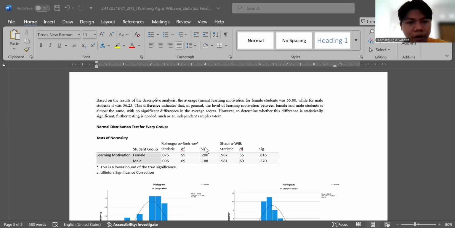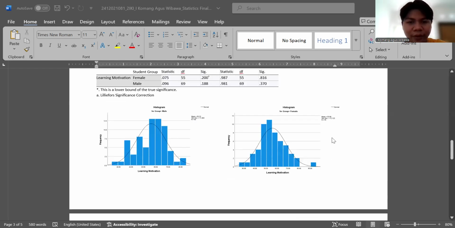This is in the Kolmogorov-Smirnov. In the Shapiro-Wilk, the sig value or p-value for the female is 0.816 and for the male is 0.370. Since all these values are above 0.05, that means the data is considered normally distributed. This means that we can continue to the t-test.